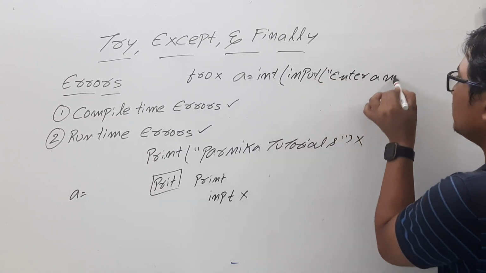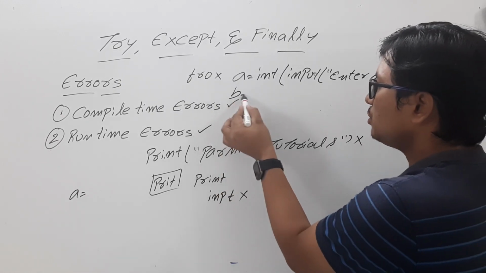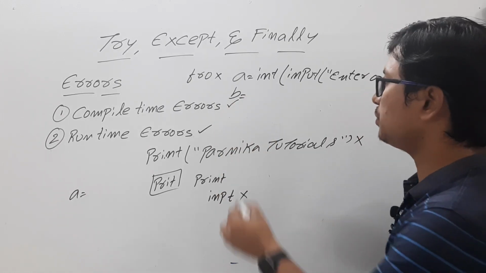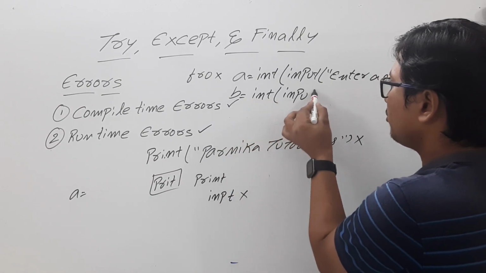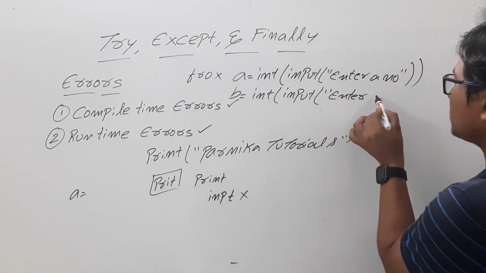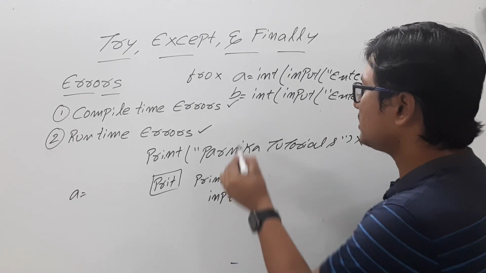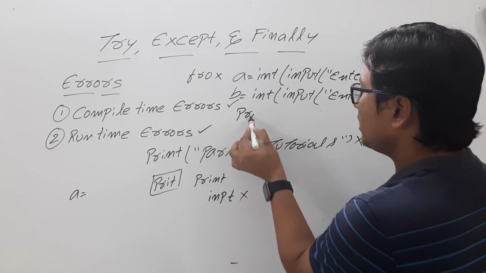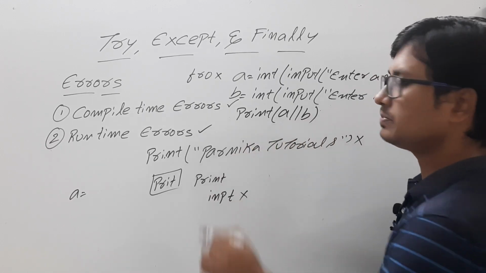Similarly, user has read another input b from the user, enter a number. Okay. Now let's take that he is performing an integer division a by b.